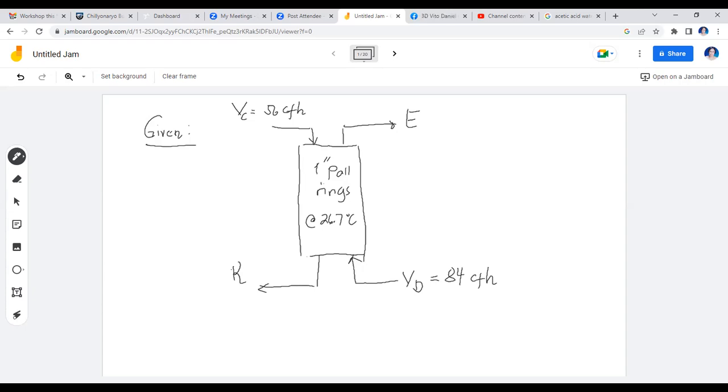The other required information in the problem are as follows.